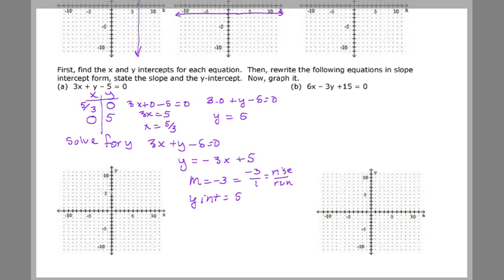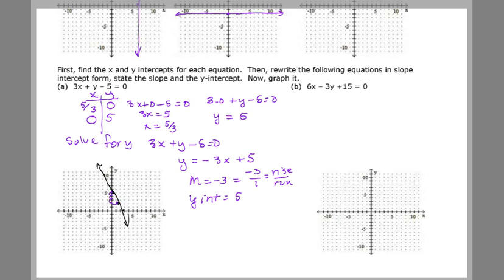So I can start at 5 and go down 3 over 1, which would put me at another point on that line, and I could connect those dots. This one and this one to graph that line. Or I could have used the 2 points. 0, 5 would be here, and 5/3, 0 would be there.